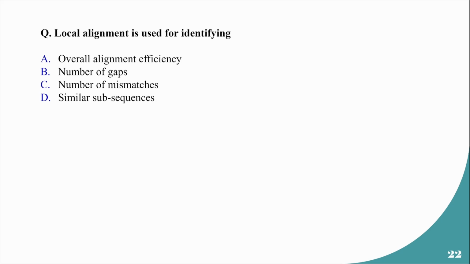Global alignment is basically aligning in a way that the entire sequence is considered, whereas local alignment is about particularly identifying smaller stretches of subsequences which could be similar for the sequences that we are aligning here. So essentially it is for identifying similar subsequences, which could be useful for, let's say, motif discovery, right?